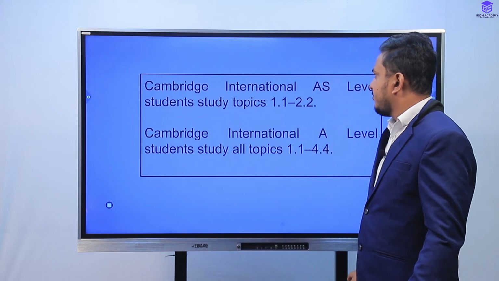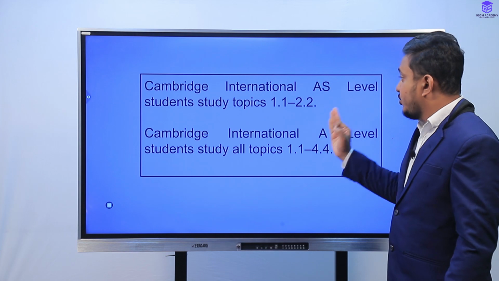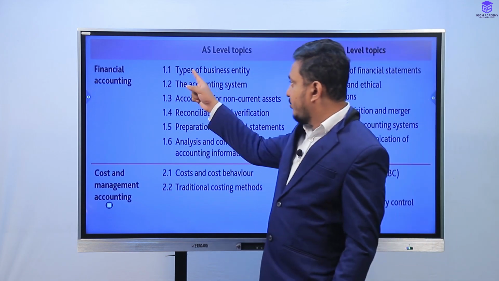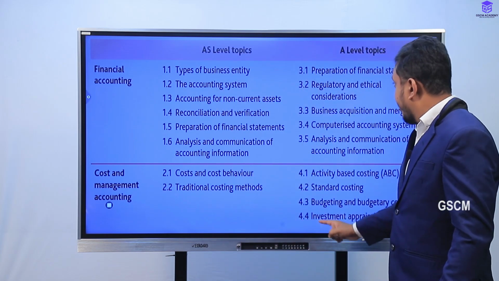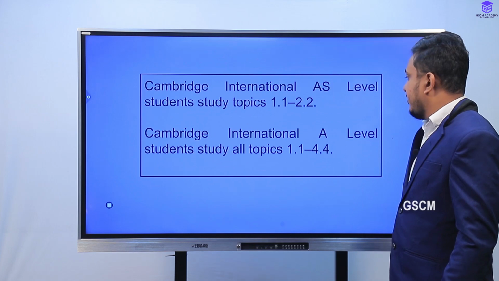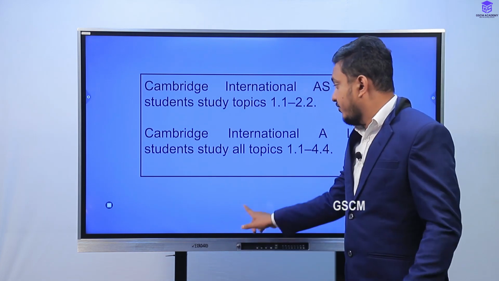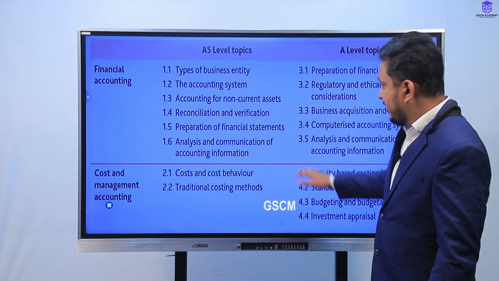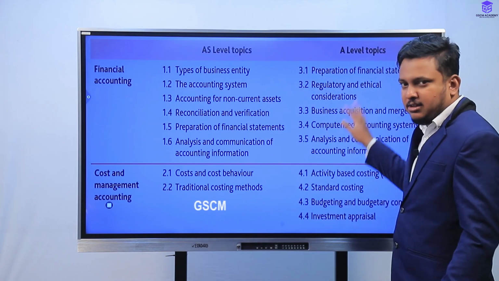Now see, Cambridge International AS level students study topics 1.1 to 2.2. From 3.1 to 4.4 are A level topics, right? But to get the A level qualification, you are required to complete not only this side, but also this side. You have to first complete this side, then you can come to this side, right?